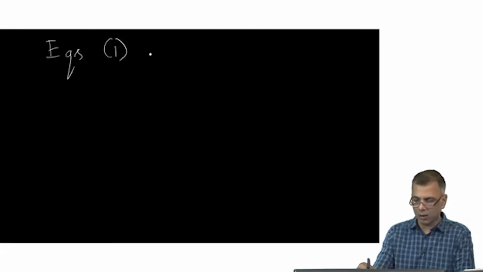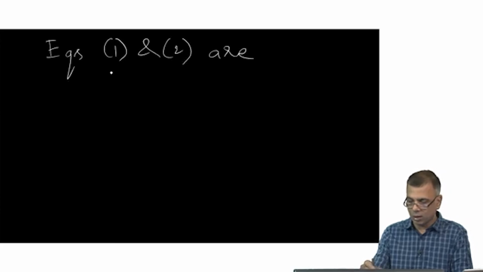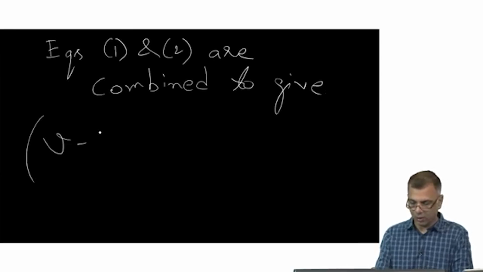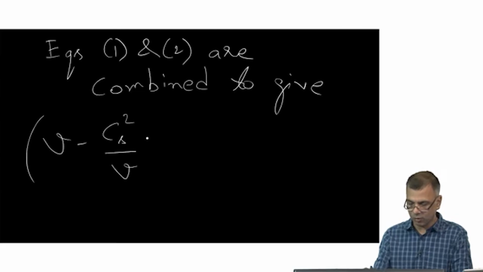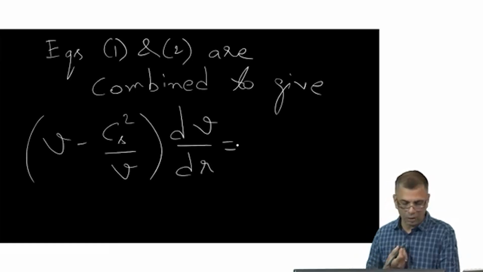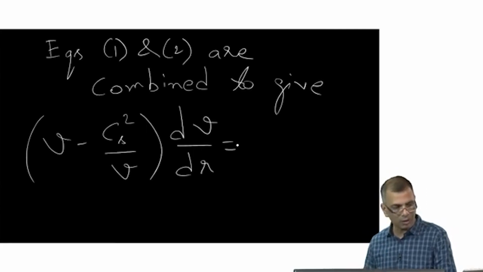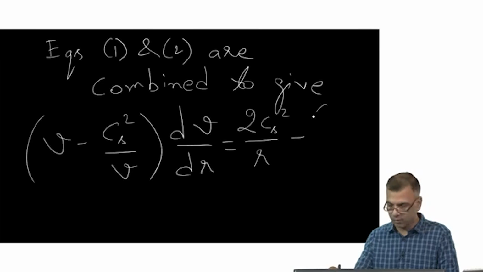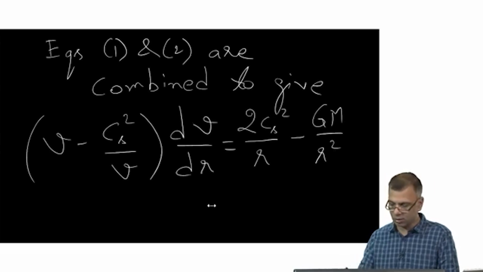So, equations 1 and 2 are combined to give (V minus Cs squared over V) dV/dr is equal to... I have told you exactly what the steps are and I urge you to work them out in any case, 2 over R minus... and I believe I call this equation 3, so this should be equation 4.